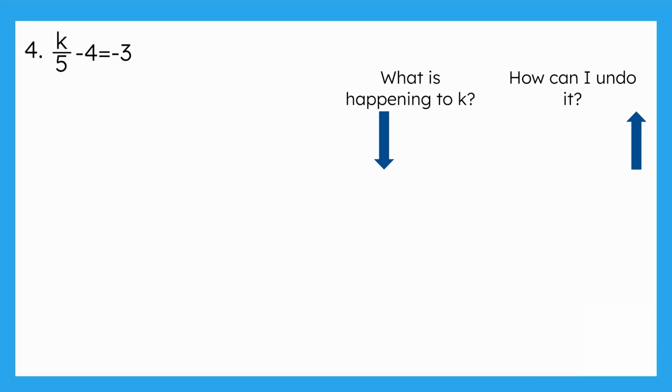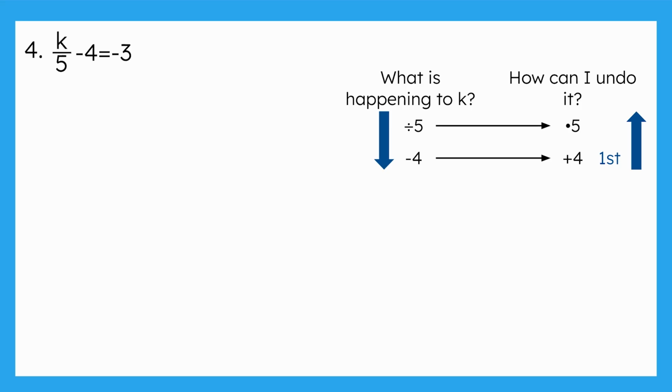There are two things happening to K. It's first being divided by 5 and then being subtracted by 4. What order will I undo those operations in? Yeah, to isolate K, I'm going to need to undo the subtraction first by adding 4 to both sides. Then I'll multiply both sides by 5.